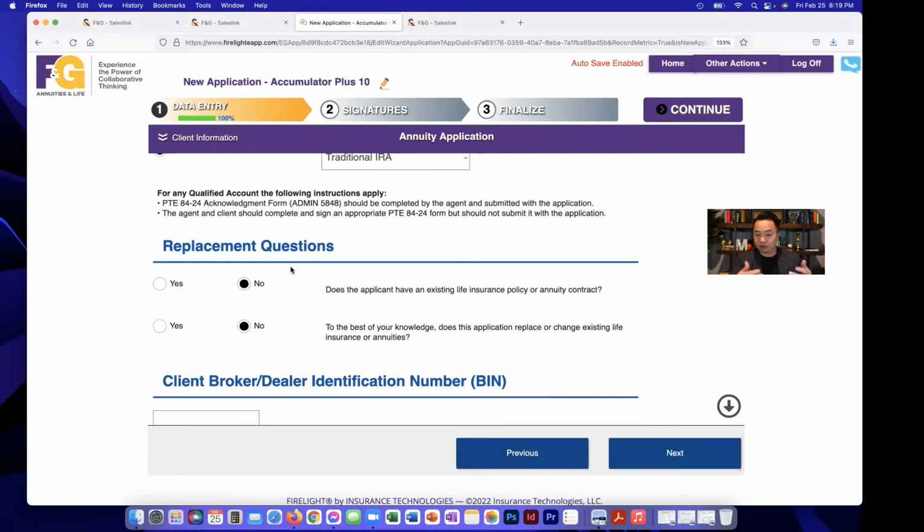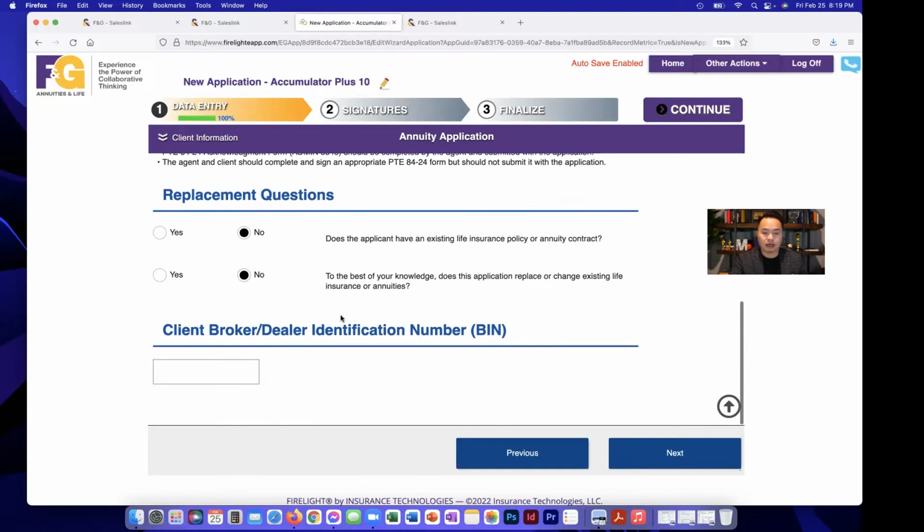In this case, what I'm showing you guys here is a rollover. Okay, so no replacement. Okay, to the best of your knowledge, does this application replace an existing annuity? No. Okay, broker dealer number, just leave it blank.